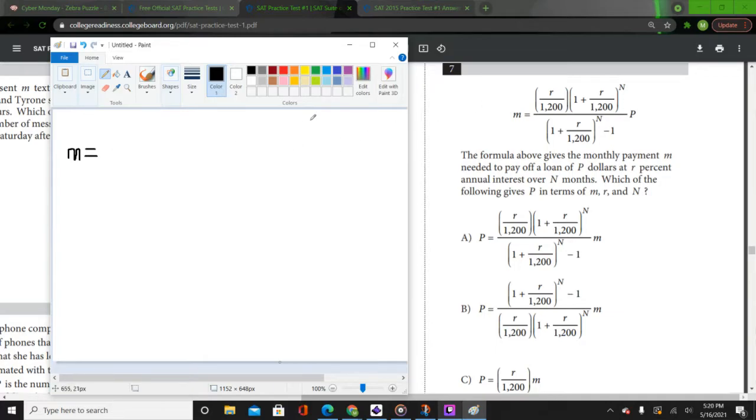All right, so instead of R over 1,200, let's call that rate 1. We'll call that R1, and we'll do 1 plus R over 1,200, to the N, that whole thing to the N. We'll call that R2.